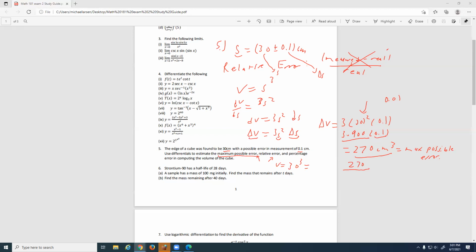That turns out to be 2,700. So our measured minus real, our maximum possible error, we can divide by the expected value if we were exactly at 30, which is this. If you do that division, we get 0.01, and that should be your relative error.